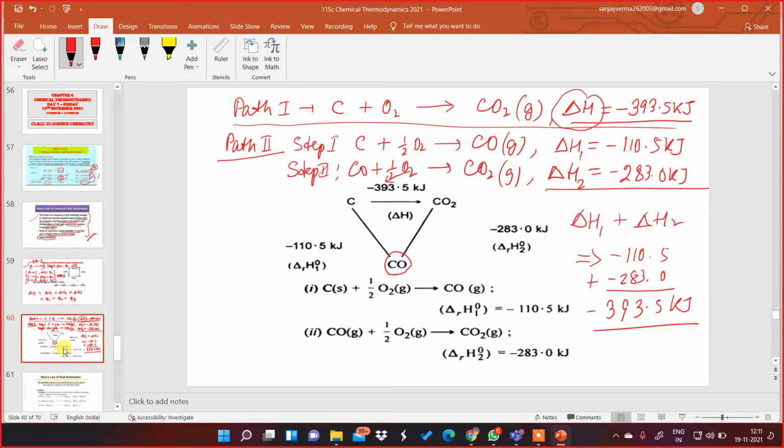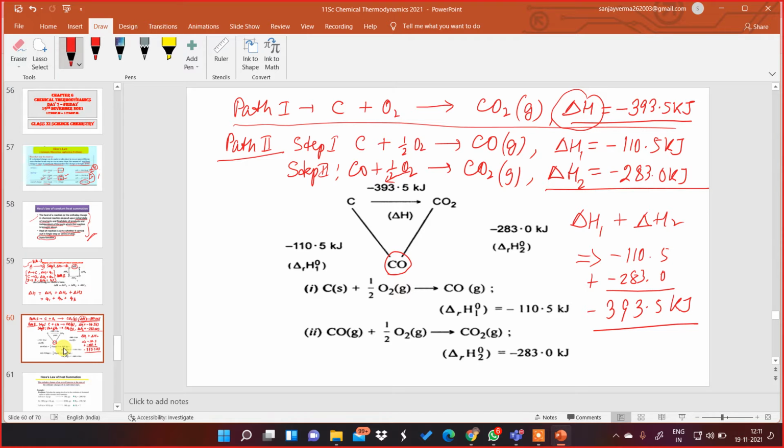So it comes to the same value. This is one illustration of Hess's law. By having knowledge of the concept of Hess's law of constant heat summation, it is possible to find the overall enthalpy change for the formation of a particular compound. I hope this is clear to all of you.